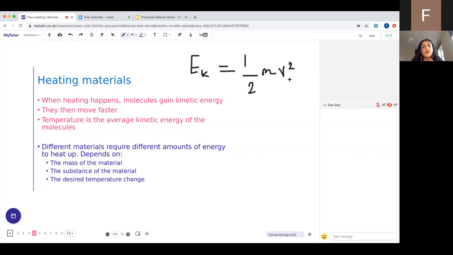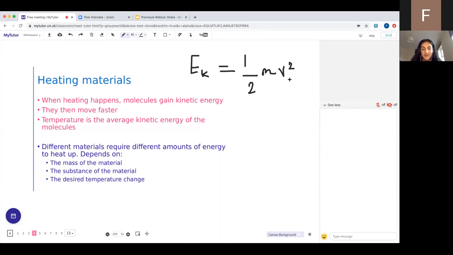Now, we know temperature as a value of how hot something is, but now we're going to be taking it one step further in its definition into GCSE level, which says that temperature is the average kinetic energy of the molecules. If a material is really hot, the molecules are moving really fast and they have a lot of kinetic energy, so the temperature is high.